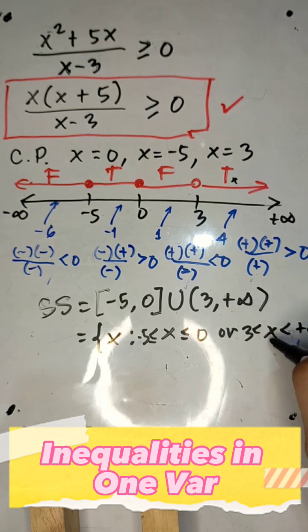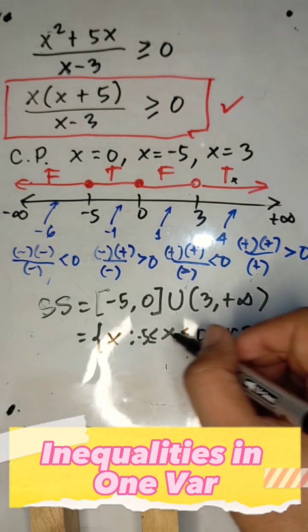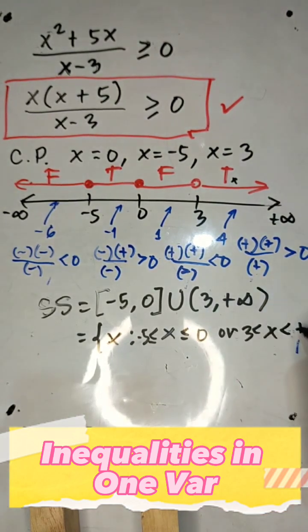Positive infinity and negative infinity are always open, because they are not numbers. So this is now the solution set.